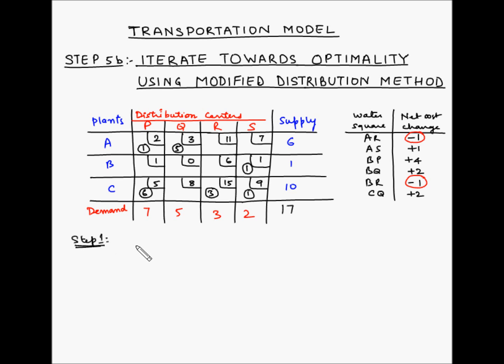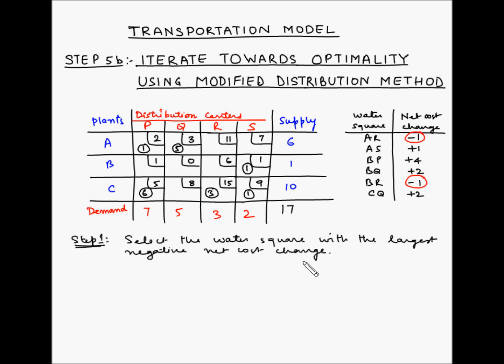is to select the water square with the largest negative net cost change.